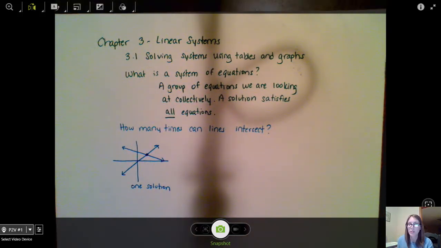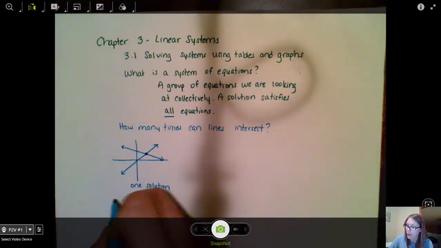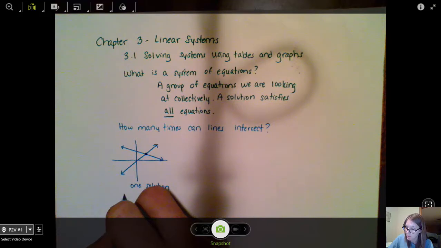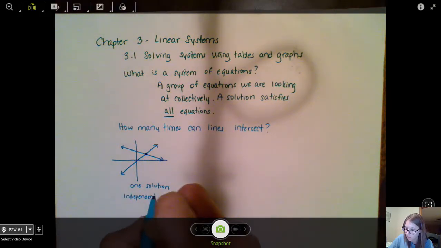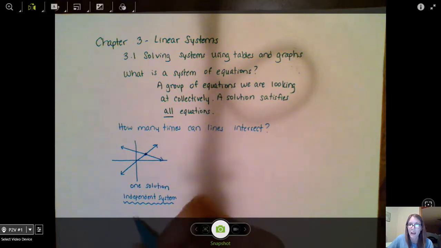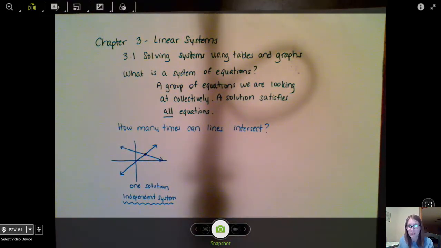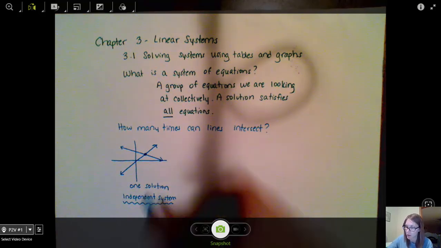And depending on the number of solutions there are, we have some different terms that can go along with them. So if there is one solution, we call it an independent system. And these words that I'm going to squiggle underneath are probably some new words that you have not heard before, and that's okay too.